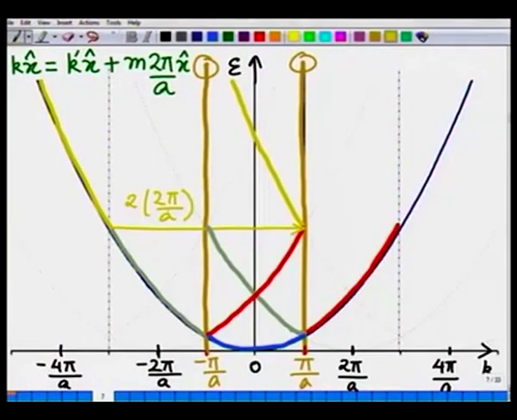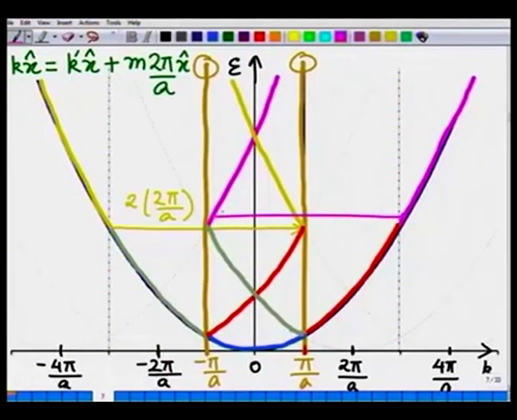And similarly, this portion of the curve, let us use another color, can be transformed right here in the same way. I can shift this quantity from here using 2 times 2 pi by a. So, this curve is for m equal to 2, and this is for m equal to minus 2.